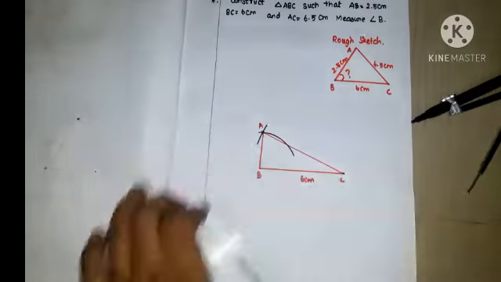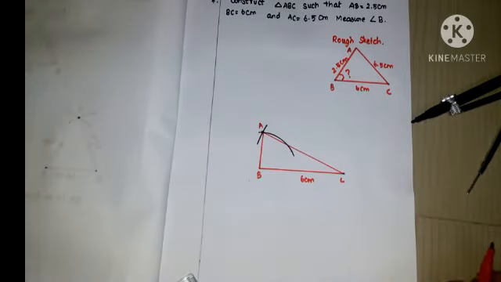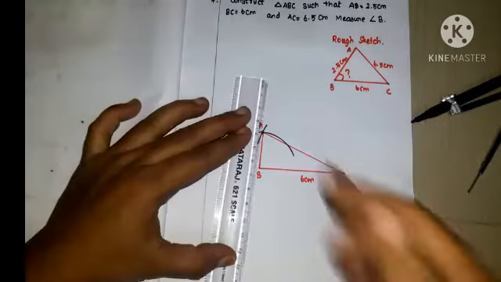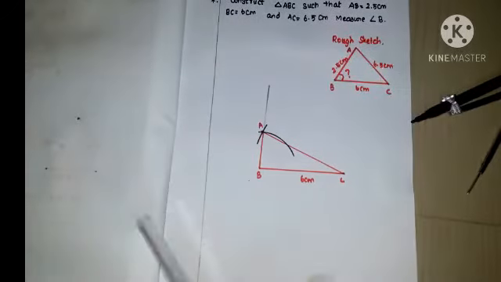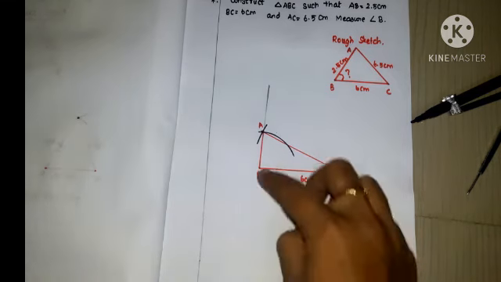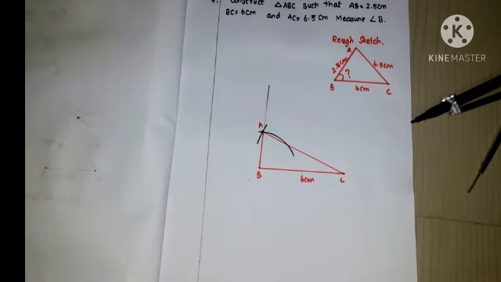AC. Okay, so now for your reference I just extend this line, because while using the protractor you cannot see the angle clearly, so you just want to extend this line. By using the pencil only I'm just extending the line.